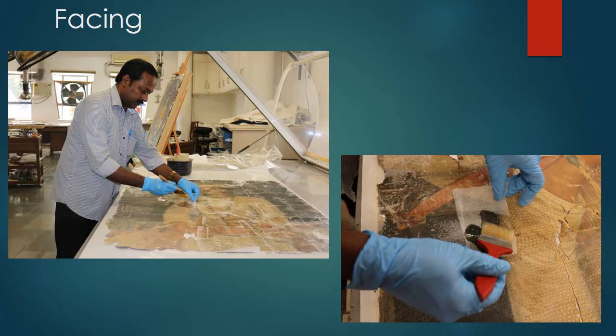Paraloid... Biva 371, a solvent-based adhesive, was chosen for facing. Also, this solution was to be used to consolidate the paint layer, so that was an added advantage. Japanese tissue paper was used for facing with Biva 371.